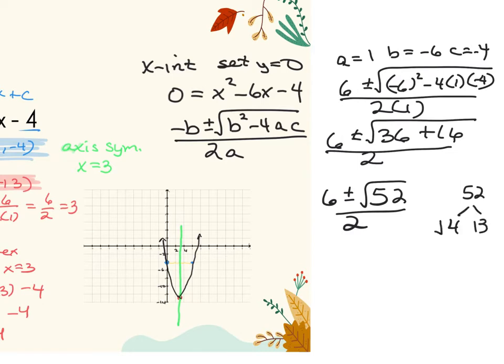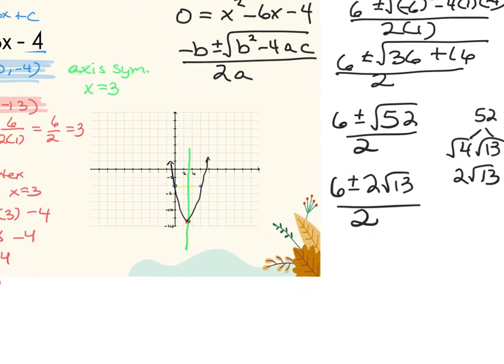I could do 4 times 13, which is 2 square root 13. So 6 plus and minus 2 square root 13 over 2. Now I can simplify the fraction, and I can divide them all by 2's. Make this a 1, make this a 1, make this a 3.